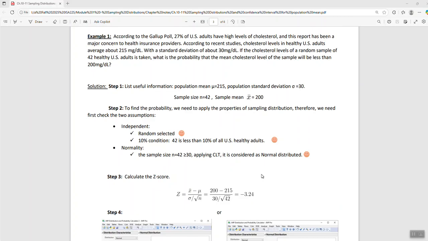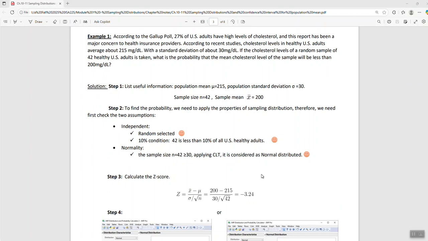But in real life, it is not quite possible for us to bring the tables with us every time we need them. So here I will show you how to use JMP to find the corresponding probabilities instead of the tables.